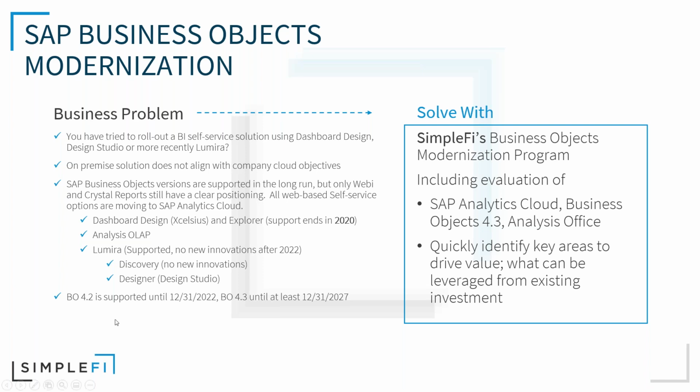And then BO 4.2 itself is still supported till 2022. So you see the link here. Lumira will evolve as long as BO 4.2 is still supported, but after that, it's only going to be in maintenance in 4.3. And we'll see after 2027 what's the plan for this tool as well.